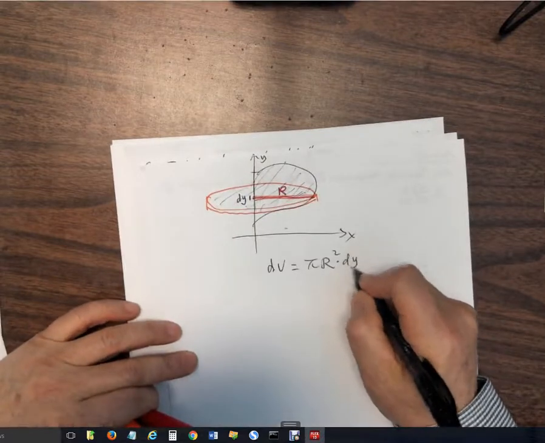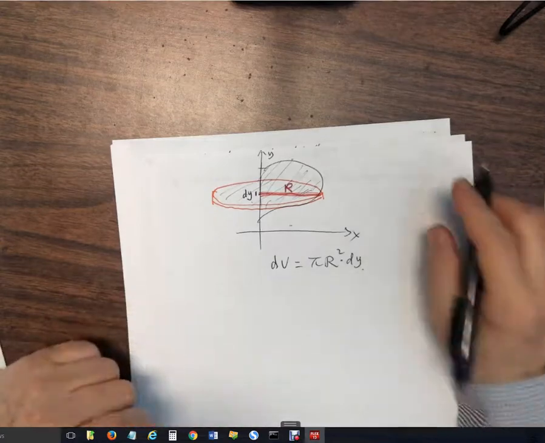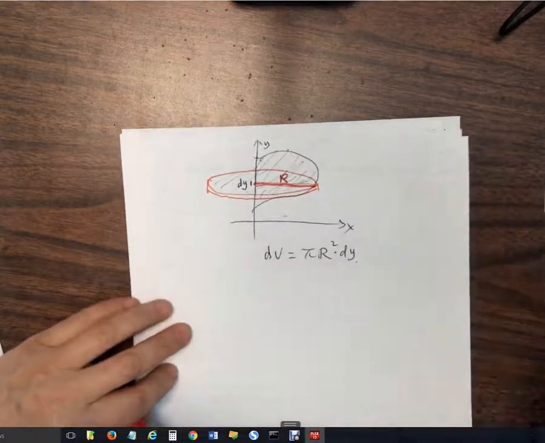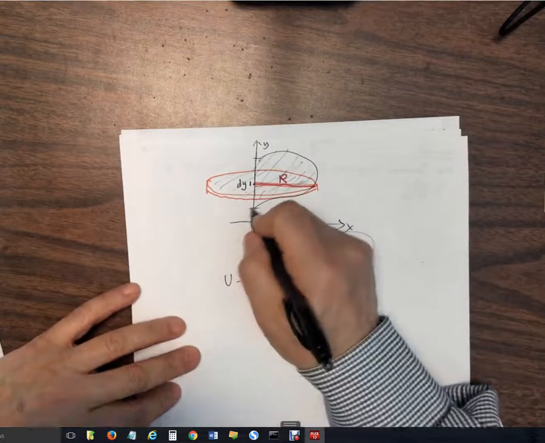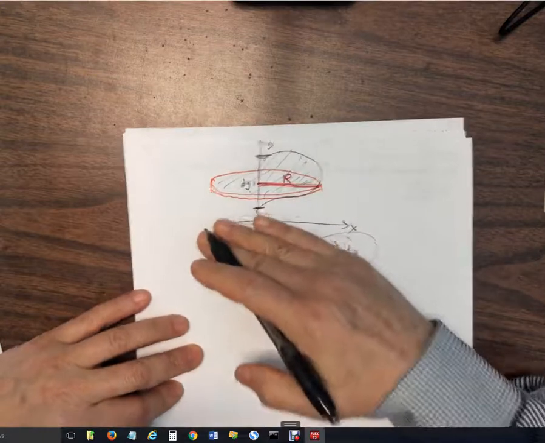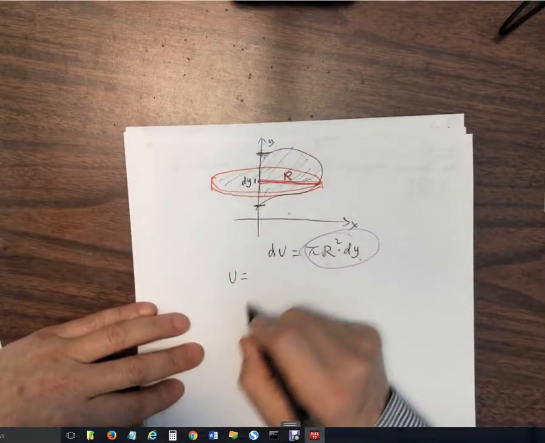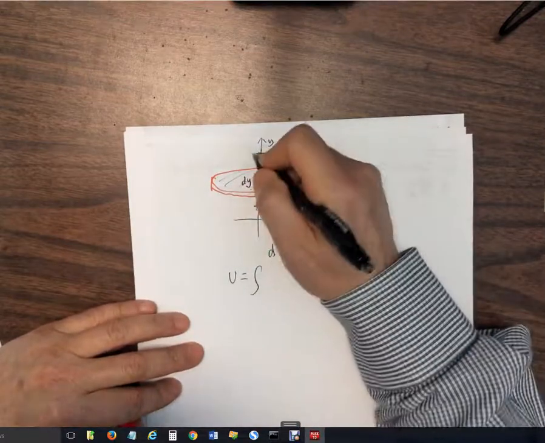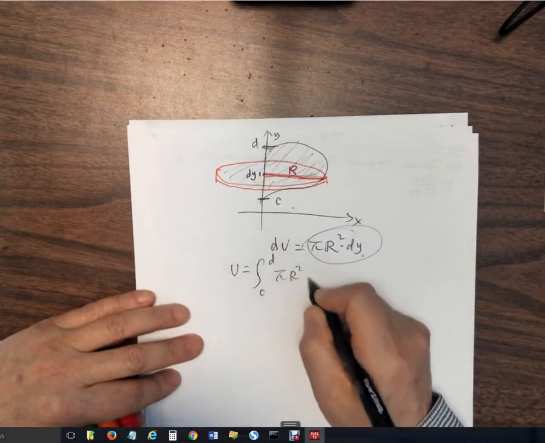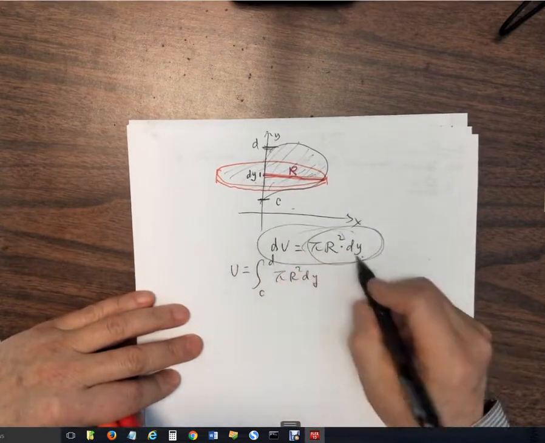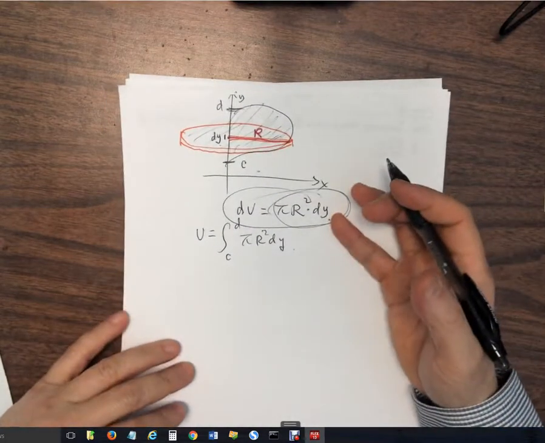Therefore, it's multiplied by dy. Then with the same idea, the total volume will be the sum of those guys starting from this to this, because our disks this time will stack up from the bottom to top. So be whatever called C, called D. So it is the integral from C to D of pi r squared dy. Again, it's a disk, but you see dy here. So we get dy this time.